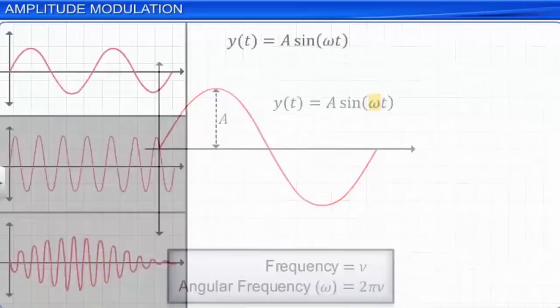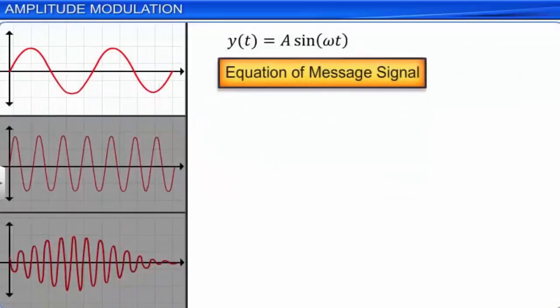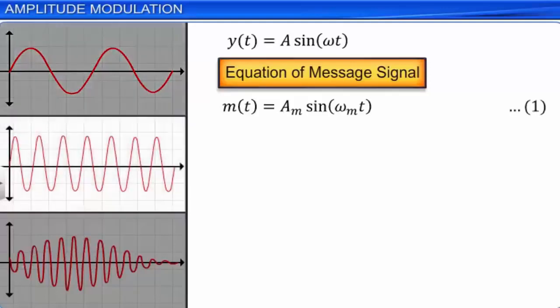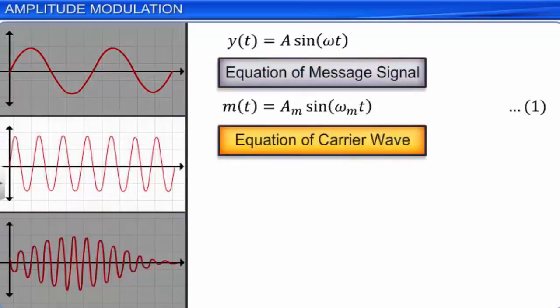Here, a is the amplitude of the wave and omega is its angular frequency. Let the message signal having amplitude Am and angular frequency omega m be represented by the equation m(t) is equal to Am sin omega m t as shown. Let this be equation 1. Similarly, let the carrier wave having amplitude Ac and angular frequency omega c be represented by the equation c(t) is equal to Ac sin omega c t as shown.